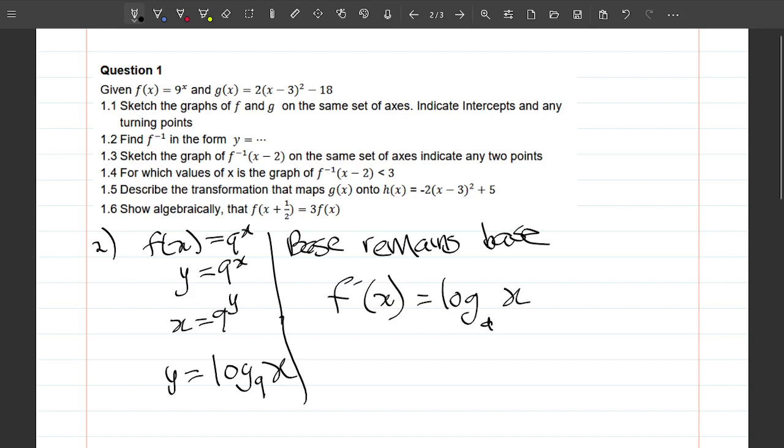However, for x minus 2, instead of me having an x there, I'm going to have an x minus 2. So this will just become log base 9, and then instead of having an x, I'm just going to have the x minus 2. And this should be all together in one bracket, like one big happy family there.